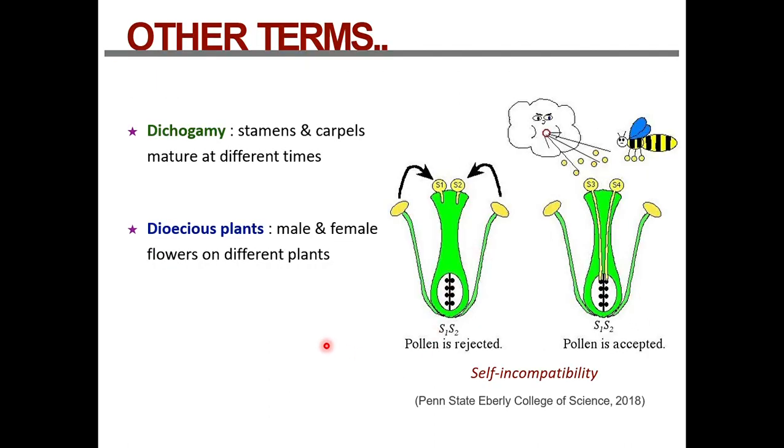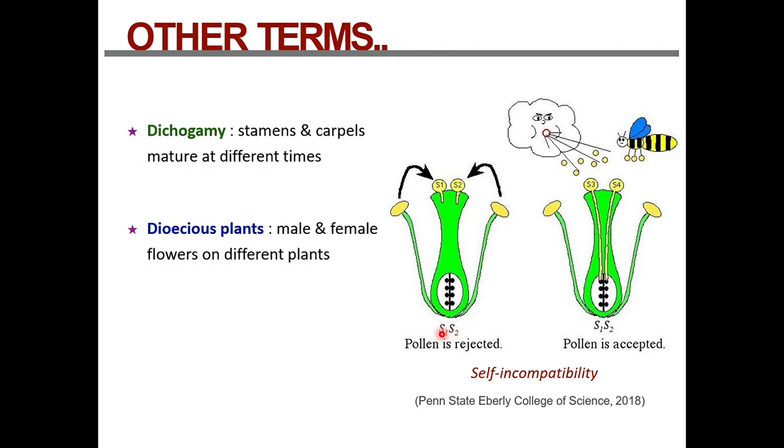So for other terms, dichogamy is where stamens and carpels mature at different times, and dioecious plants are where male and female flowers are on different plants. So this is another illustration of self-incompatibility.